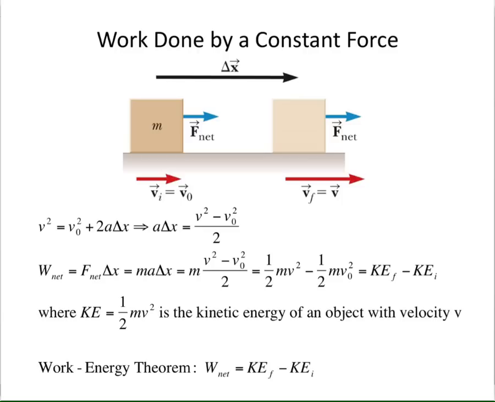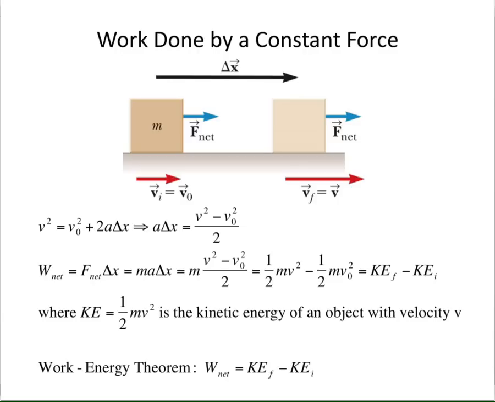Okay, and for this, imagine this scenario that we have a box, an object moving with constant velocity. Imagine that the object is moving on the surface toward the right without any friction, so it will continue its motion with the same velocity forever if there is no force on it.